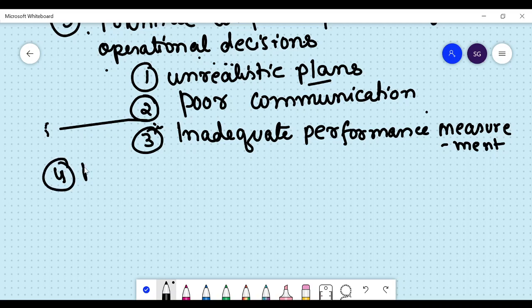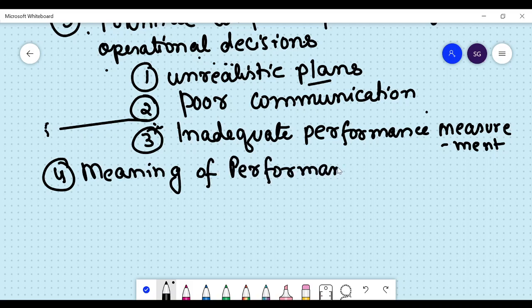Number 4, meaning of performance management system.